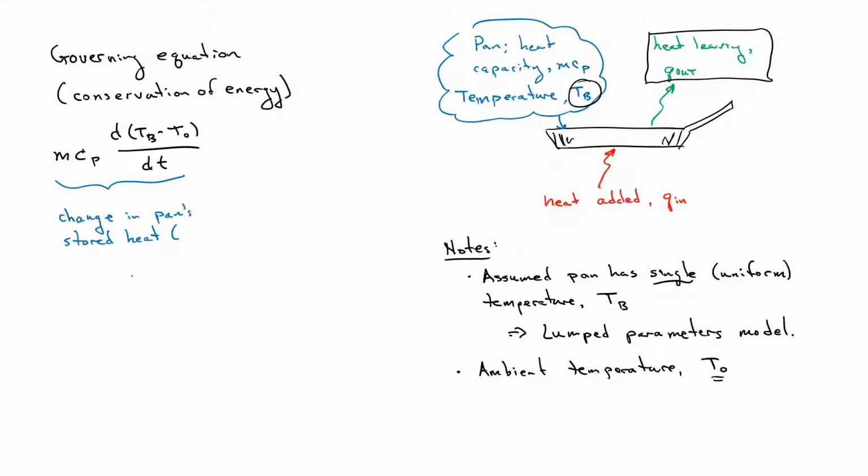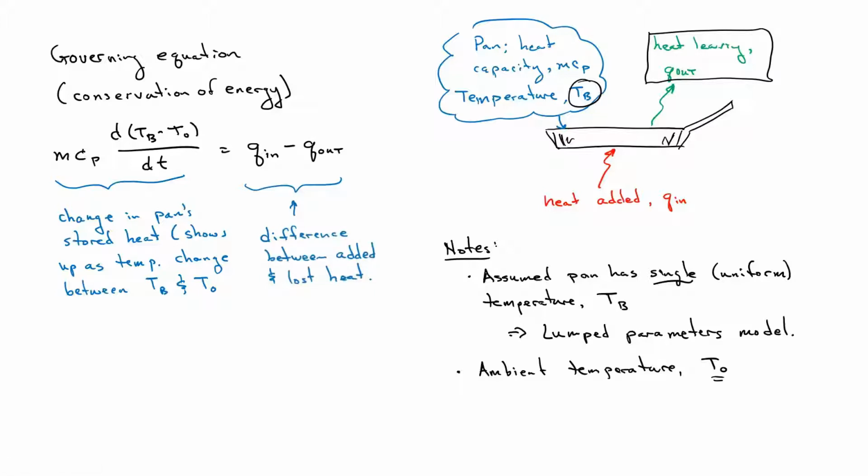And the change in the pan's heat will show up as a temperature change in T sub B and T0. This change in the heat stored in the pan is the difference between the heat being put into the pan and the heat that the pan is radiating out. So this term here is just a difference between the heat added and the heat lost.